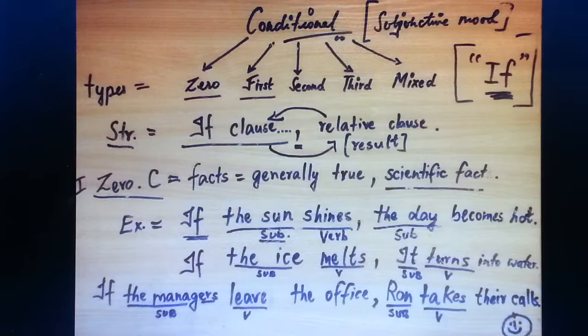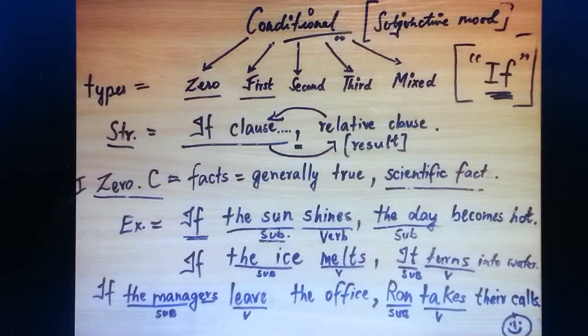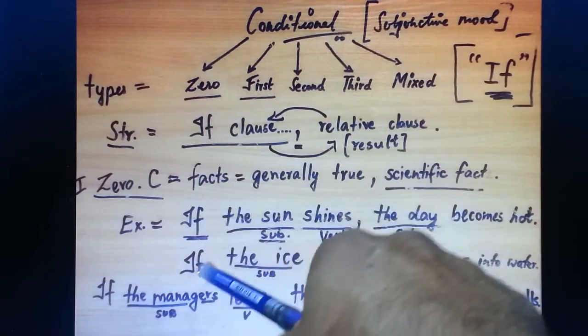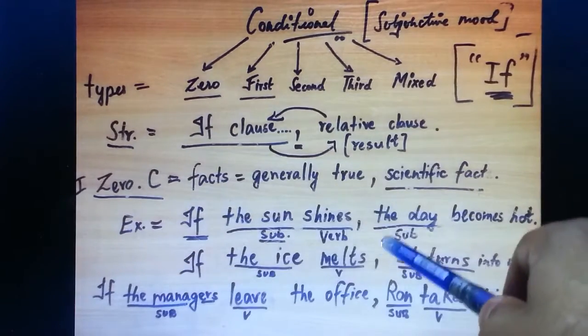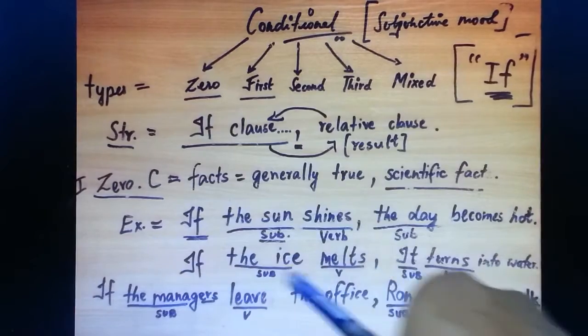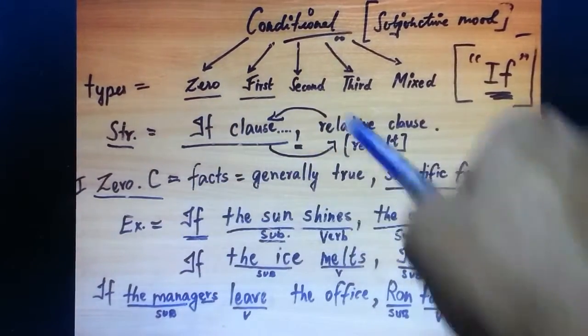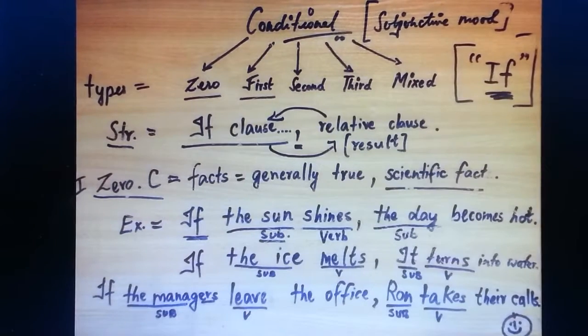Let's try another one. If the ice melts, it turns into water. If is the main component, comma, the second most important component. Good. If clause, relative clause. Well done. Now look at the sentence.